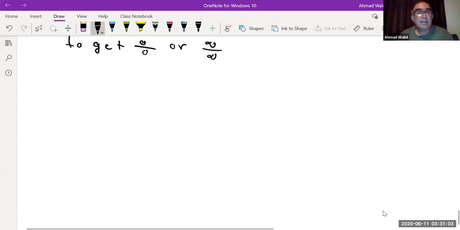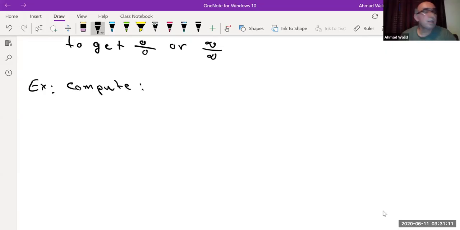Now, let's do an example. I'll explain an example for you. Compute the limit as x approaching pi over 2 from the left of secant x minus tan x.